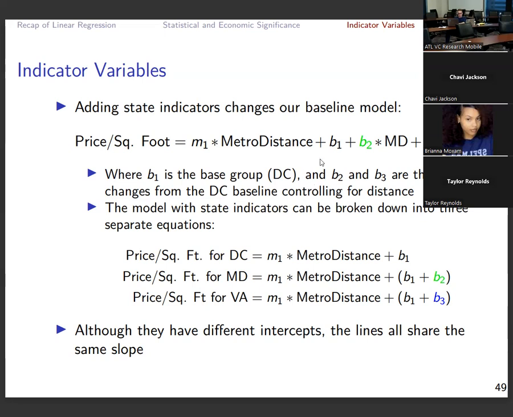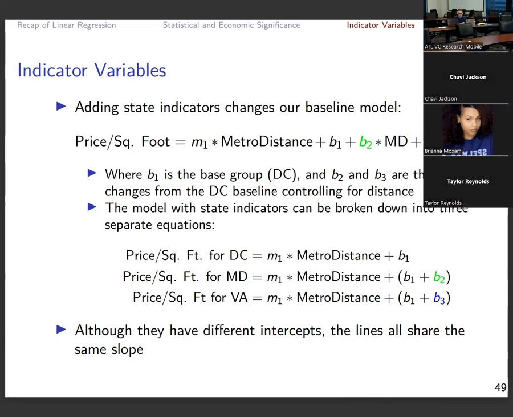Because B1 is for DC and DC is our base group, B2 is how Maryland's intercept differs from the base, DC. If I add these two together, B1 and B2, that tells me what Maryland's intercept for its properties would be, like we saw before we went to break.